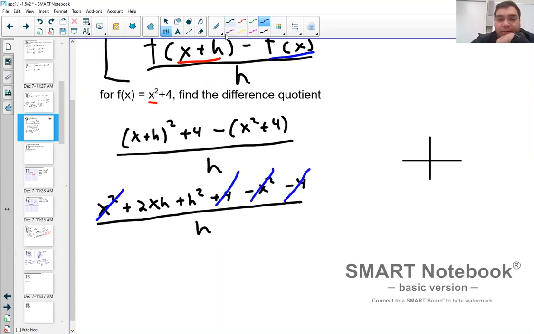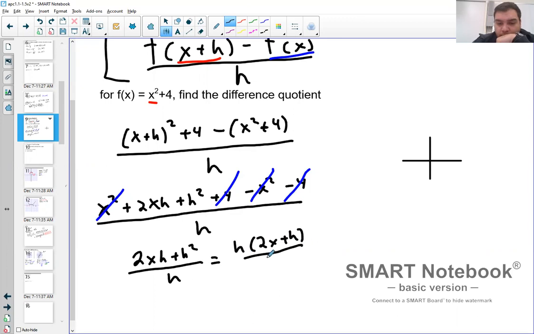These 4s cancel out. 2xh plus h squared over h. I could factor out an h. H's cancel out. So your final answer is 2x plus h.